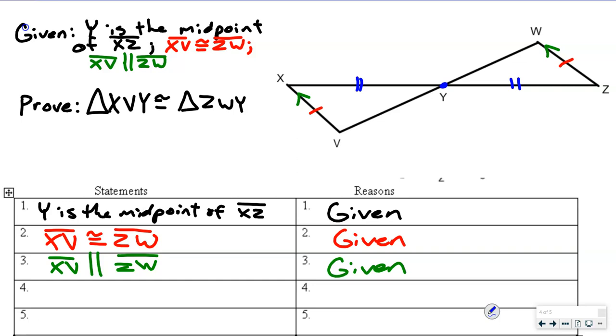So we've got two congruent sides. We're looking for any way we can show that the angle there and the angle there are congruent? Let's go ahead and put in that information we just marked on our image. XY congruent to ZY. And that was the definition of midpoint.